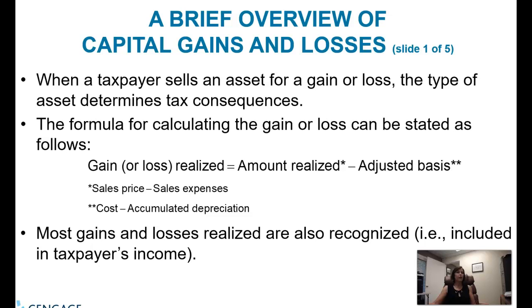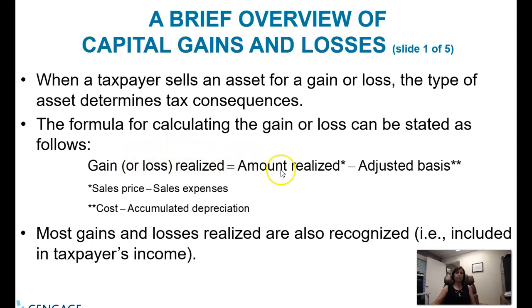There is another kind of income, and I should say loss as well, that is different from services that someone may perform. It is when we sell an asset at a gain or loss, and that has different tax treatment than if we earned money. So how do we determine what the gain or loss is?